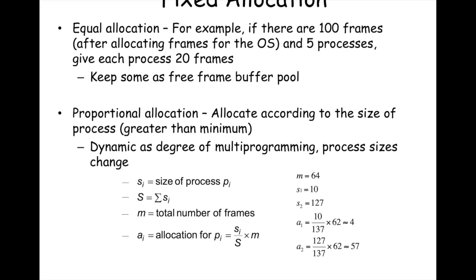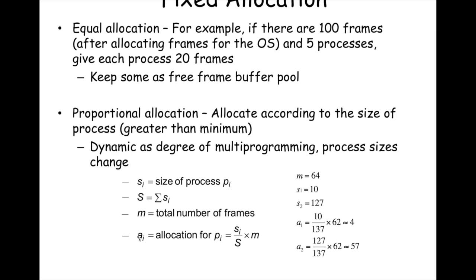So in this scheme, let's suppose the number of frames we have available is 64, and M is 64, and then let's define little s_i as the size of process p_i, where that size is the number of pages. And remember that pages are the same size as frames. So we're going to define big S as the sum of all of the process sizes, and M is the total number of frames we have in our system.